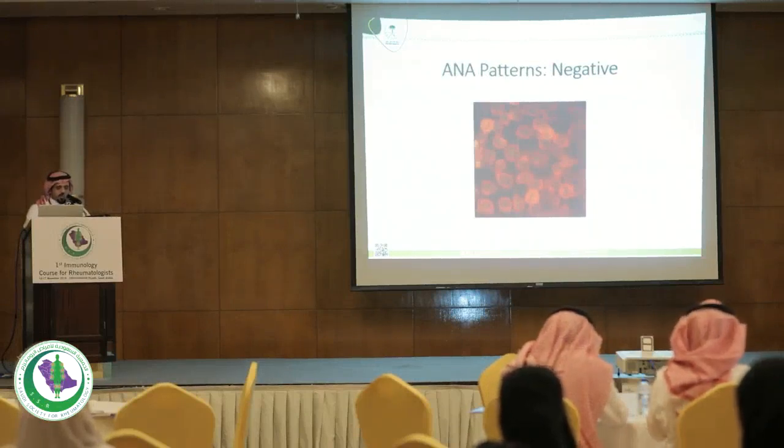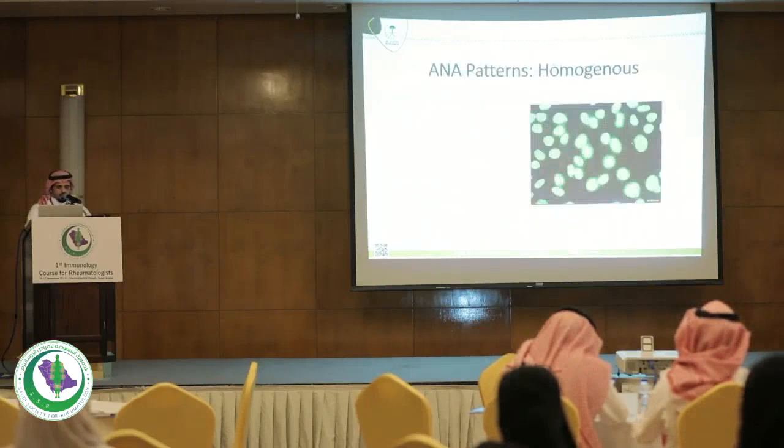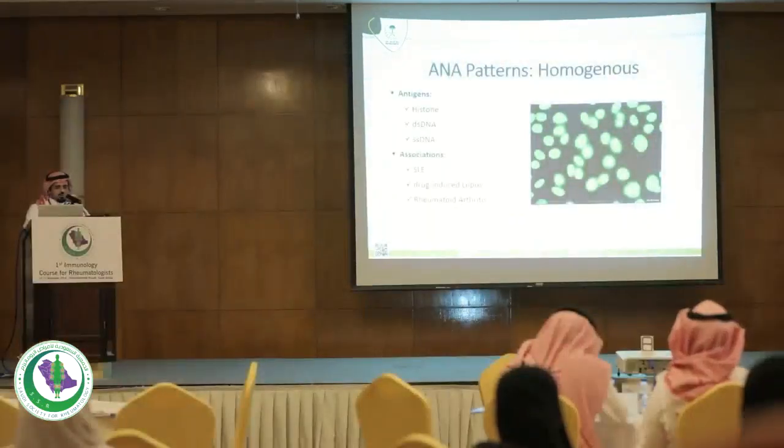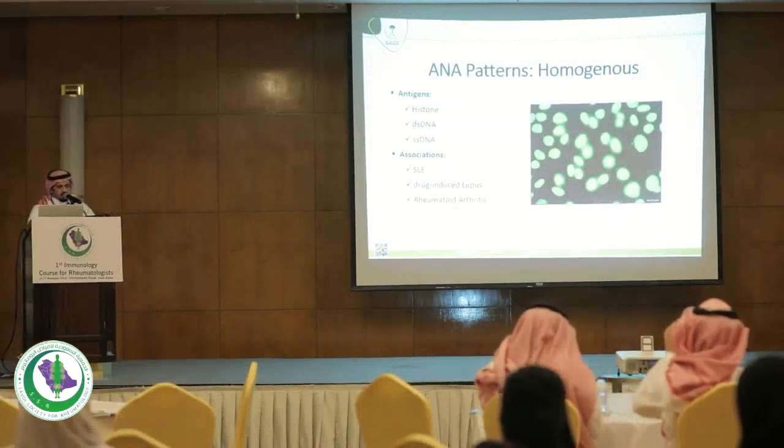So here's an example of a HEp-2 cell completely negative, no fluorescent staining in the nucleus or the cytoplasm. So this is considered ANA negative. Here is an example of an ANA homogeneous pattern, where in the metaphase there is a clear homogeneous staining of the nucleus.